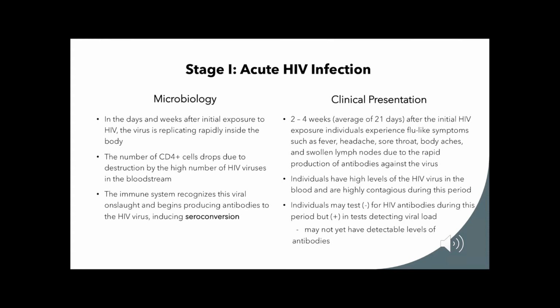So individuals that are tested during this stage may test negative for HIV antibodies because their body may not have seroconverted yet, but they will test positive in tests detecting viral load. So unfortunately, viral load tests are not first line. It's usually the test for HIV antibodies. So this is not a stage where HIV will usually be detected.